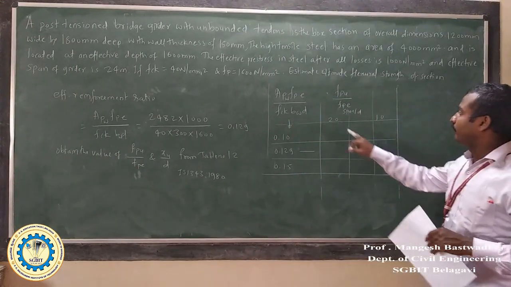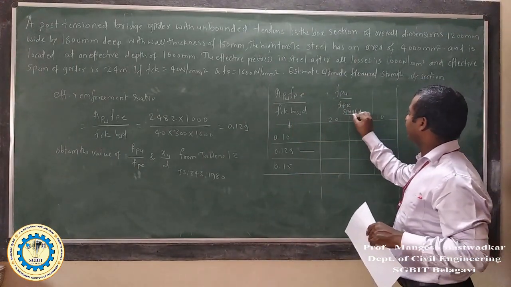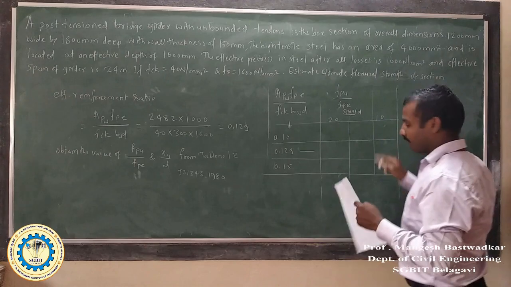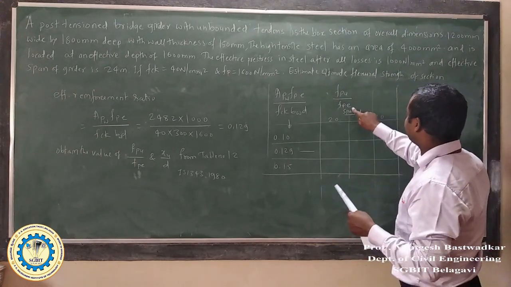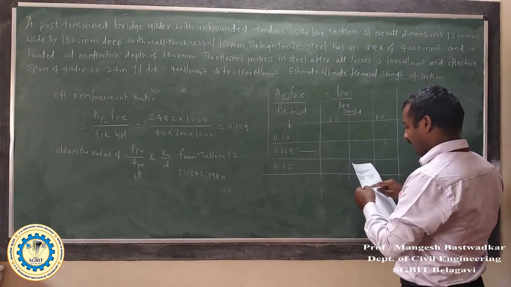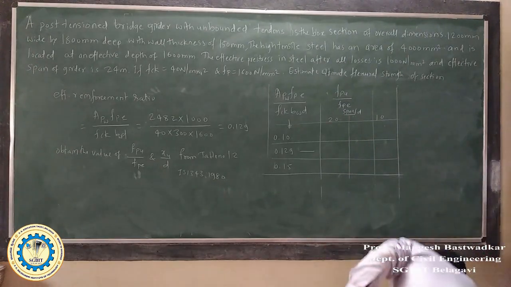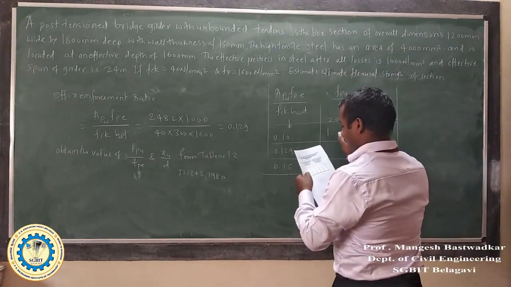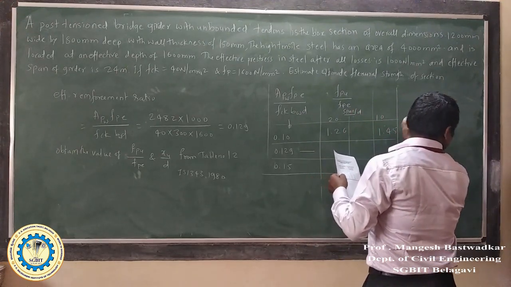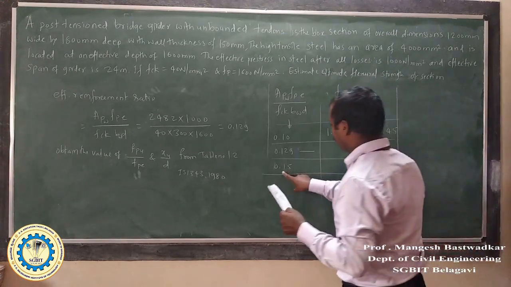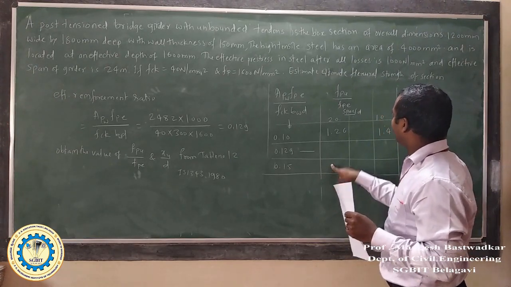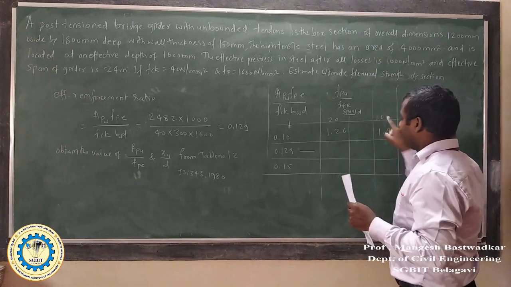Then for effective reinforcement ratio 0.1, what is the value of fpu by fp, we'll see. So for 0.10, the values are 1.26 and 1.45. Then for 0.15 effective reinforcement ratio, we'll write the values for span by depth ratio 20 and 10.